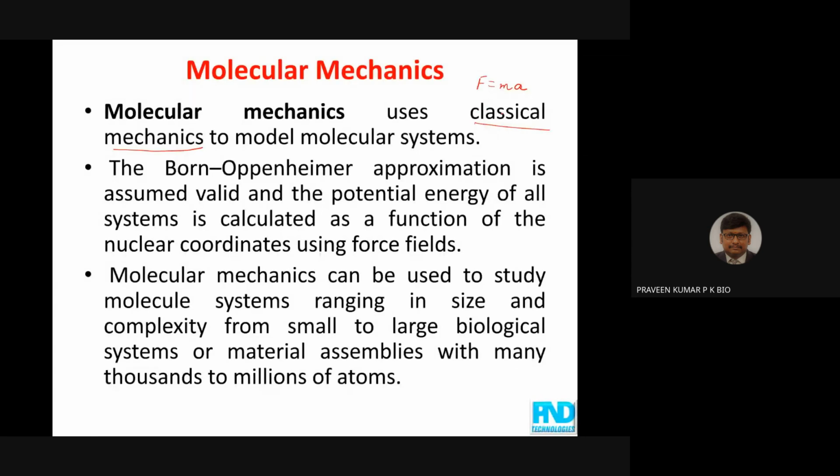So we can also call this Newtonian mechanics. This is the first branch of molecular mechanics. The second is statistical mechanics. The molecular mechanics can also be measured through statistical mechanics.